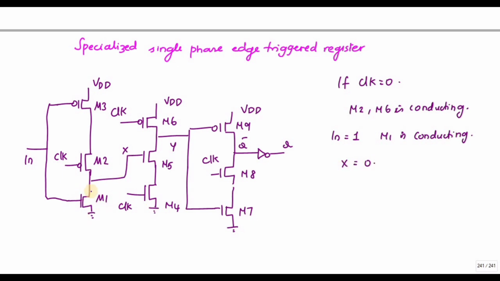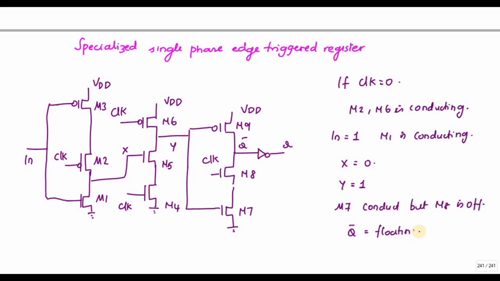This will discharge the value of X, and since this is 0, the Y value goes to 1. If Y value is 1, M7 will conduct, but M8 is off. So the output Q bar is floating.